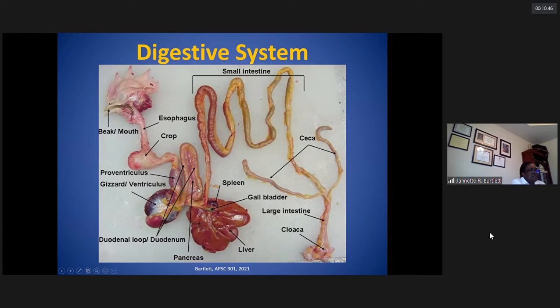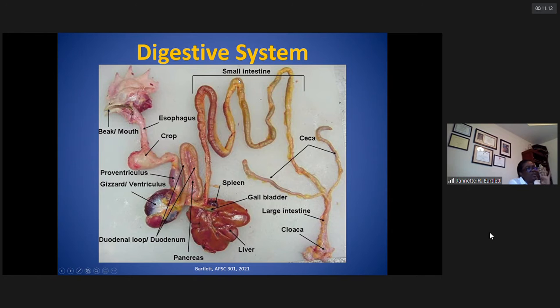Then the small intestine continues all the way down. You're not going to see it in the picture, but you know that the small intestine has 3 parts, right? The duodenum, which is the first part, and the jejunum, which is all of this part up to right here. And there's a little thing there.